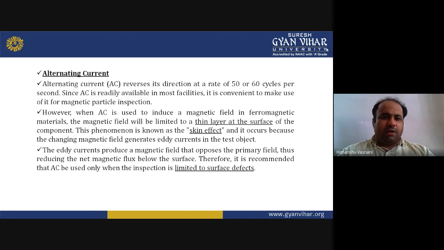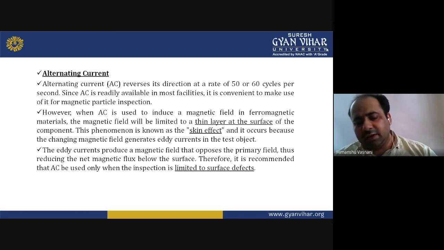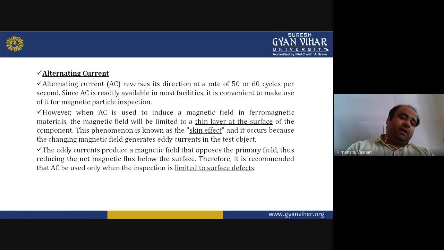When alternating current is used to induce a magnetic field in a ferromagnetic material, the magnetic field is limited to a thin layer at the surface of the component. This phenomenon is known as the skin effect. Only the skin is getting judged. It occurs because the changing magnetic field generates eddy currents in the test object.